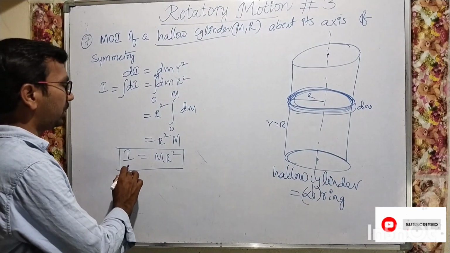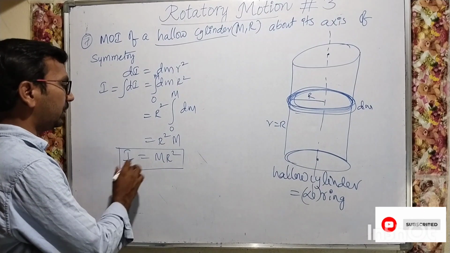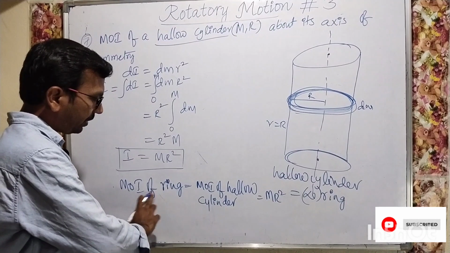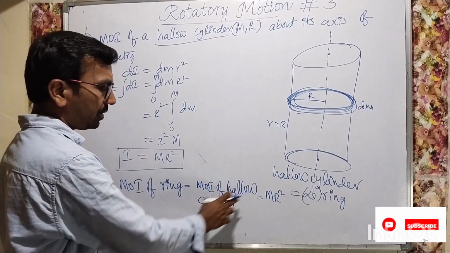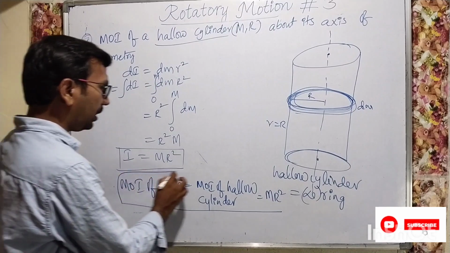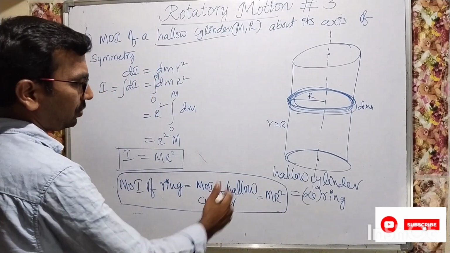So for the hollow cylinder about an axis of symmetry, I = MR². The MOI of a ring equals the MOI of a hollow cylinder, both MR².